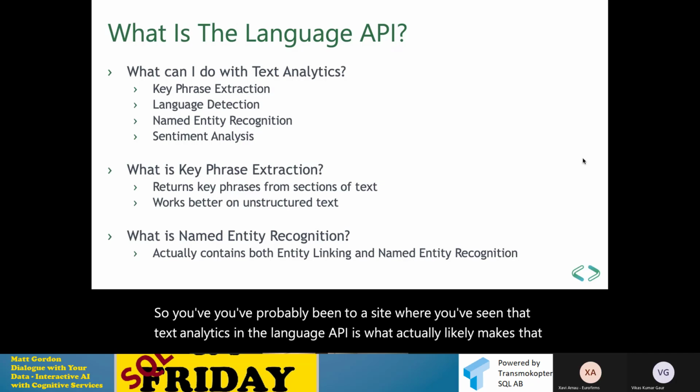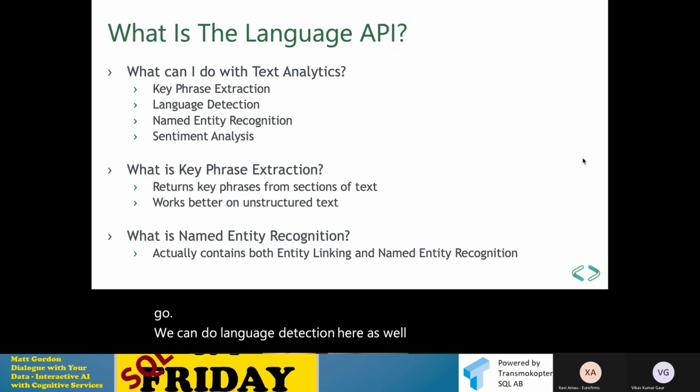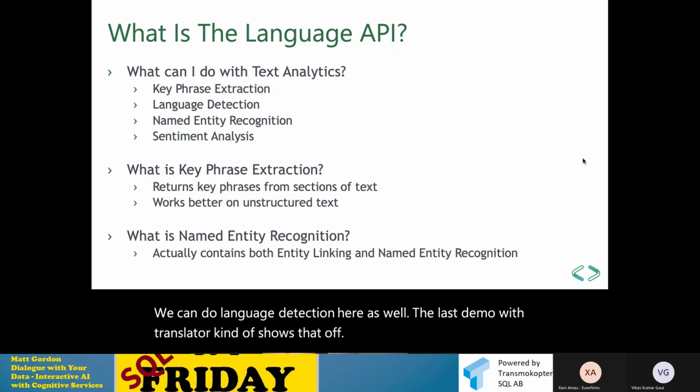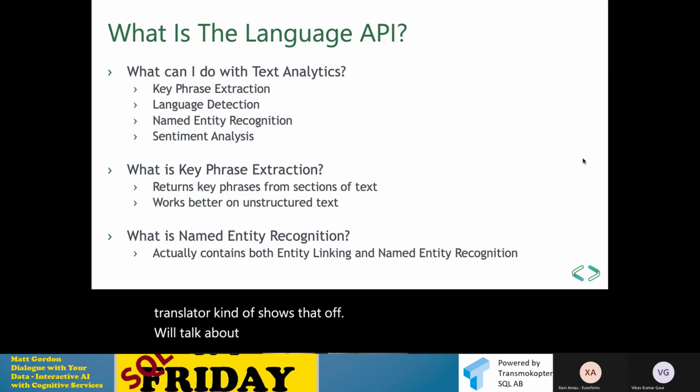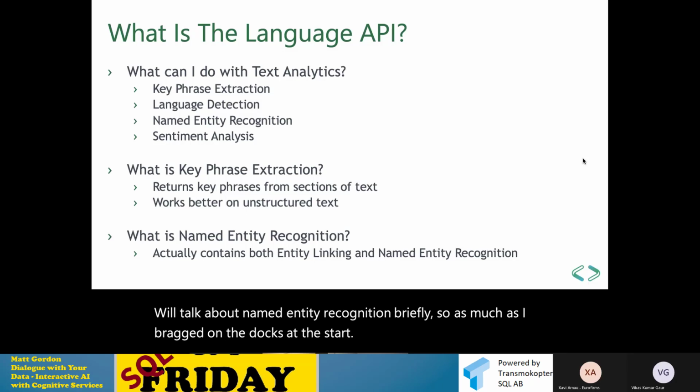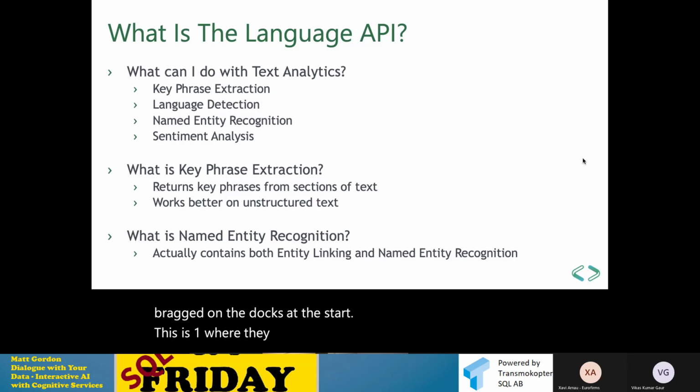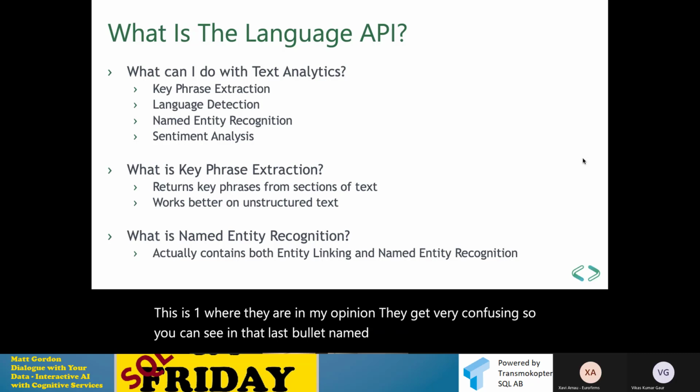We can do language detection here as well. The last demo with Translator kind of shows that off. We'll talk about named entity recognition briefly. As much as I bragged on the docs at the start, this is one where, in my opinion, they get very confusing. You can see in that last bullet, named entity recognition is a highlighted feature.